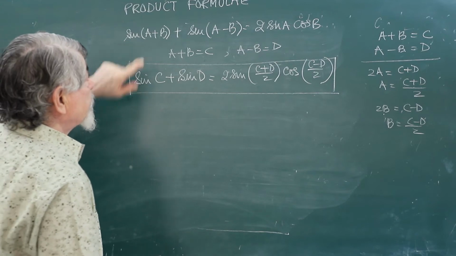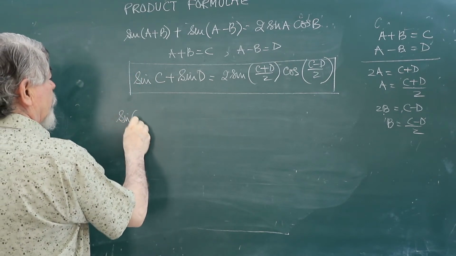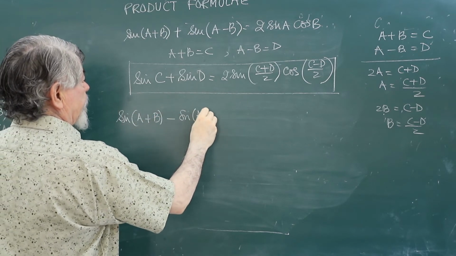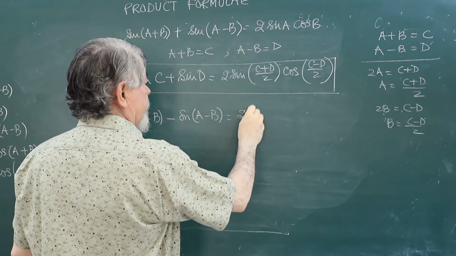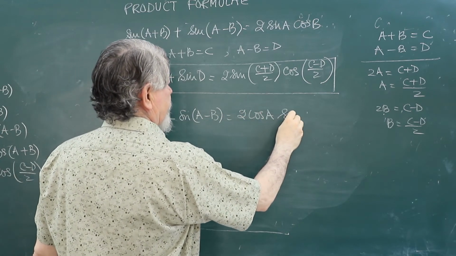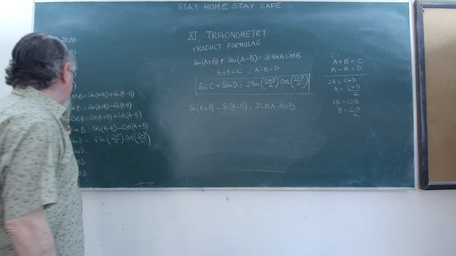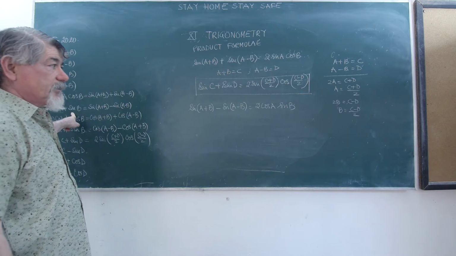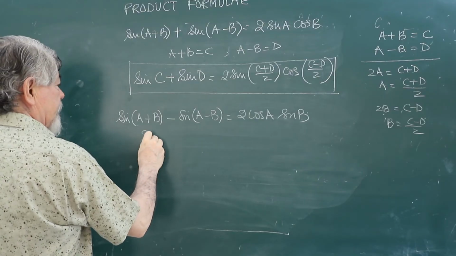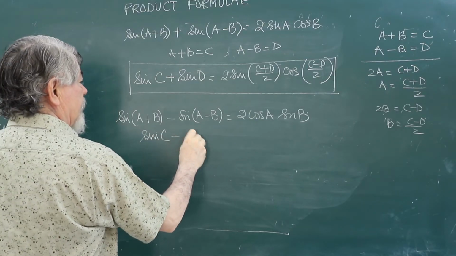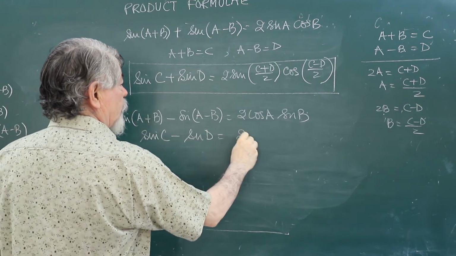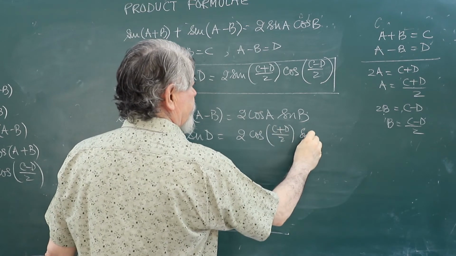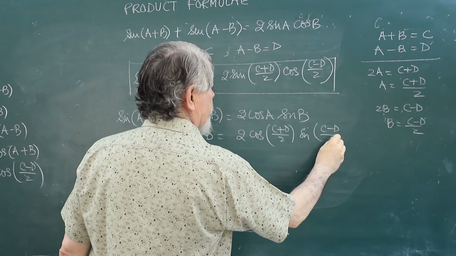Now, when I had subtracted, what I had got was sin A plus B minus sin A minus B, which is 2 cos A sin B. If you see the formula here, sin A plus B minus sin A minus B is 2 cos A sin B. Again A plus B is replaced by C. So sin C minus sin D will be equal to 2 cos C plus D upon 2 and sin C minus D upon 2.